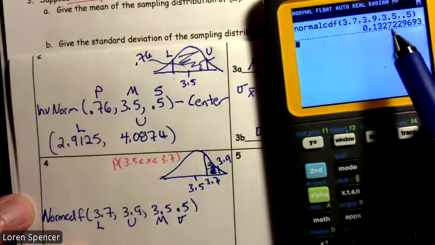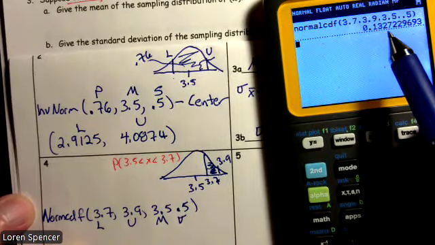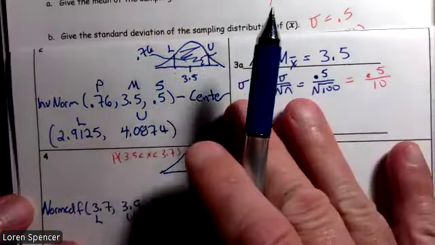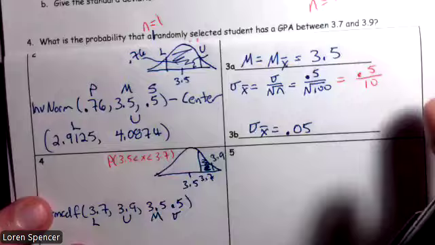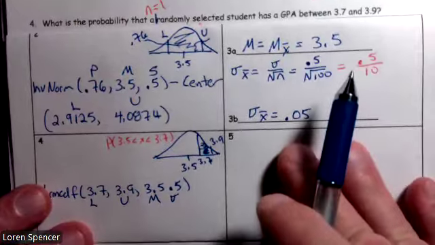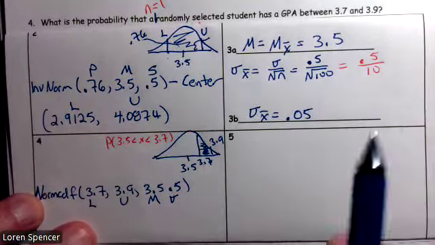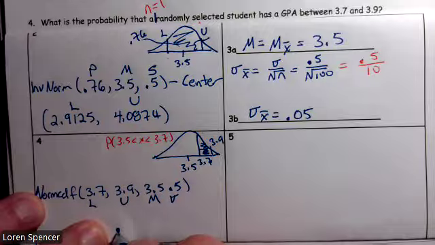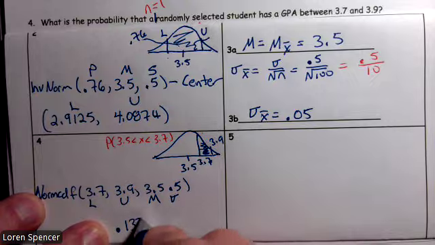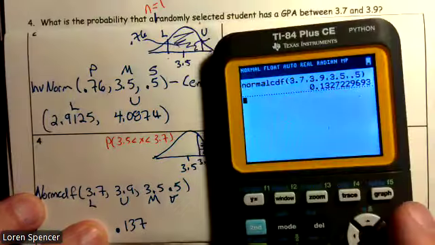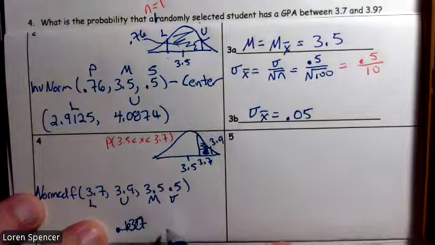And we end up getting a probability of 0.1327. So the probability that a randomly selected student has a GPA between 3.7 and 3.9 is, and always box your answer, 0.1327.